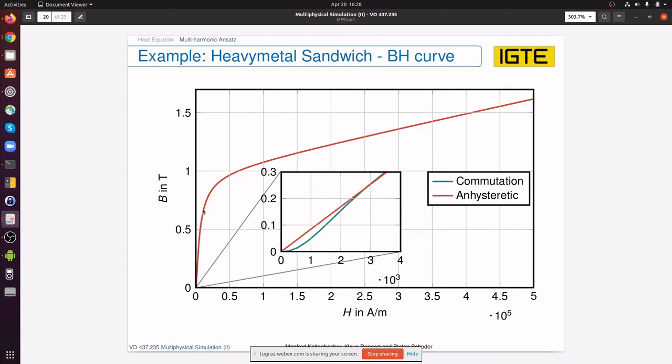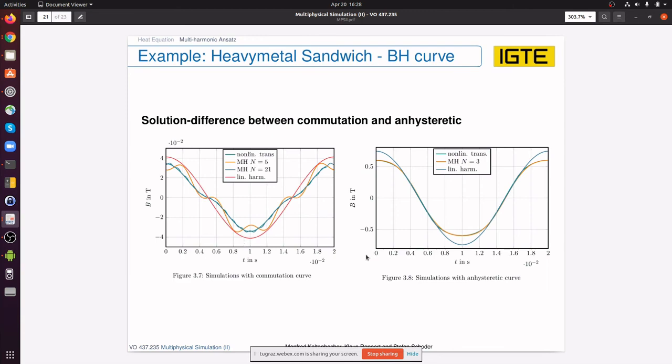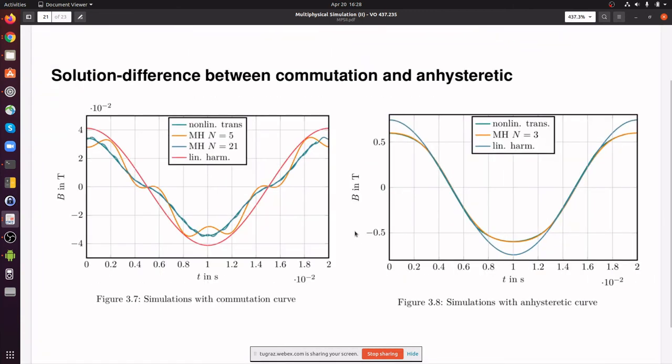This is the correct material model that we're using for multi-harmonic simulations. And what might seem a negligible difference between the commutation and the anhysteretic curve can have quite severe effects on your solution, especially if you're solving with the multi-harmonic ansatz.